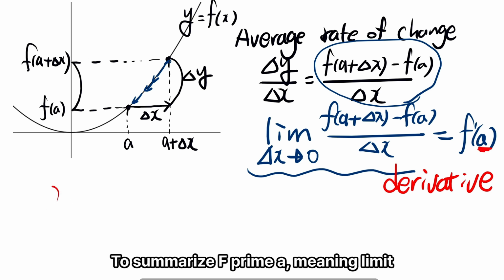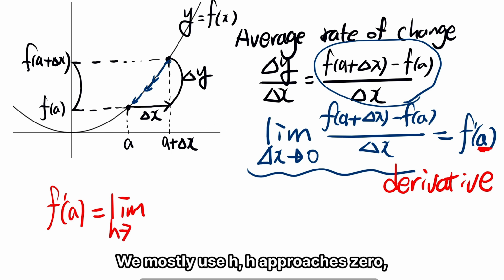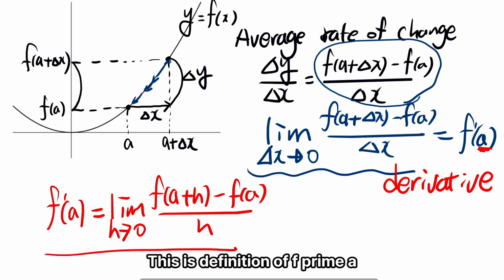To summarize, f prime of a means the limit, and instead of delta x, I'm going to use h, as we mostly do. As h approaches 0, f(a plus h) minus f(a), over h. This is the definition of f prime of a.